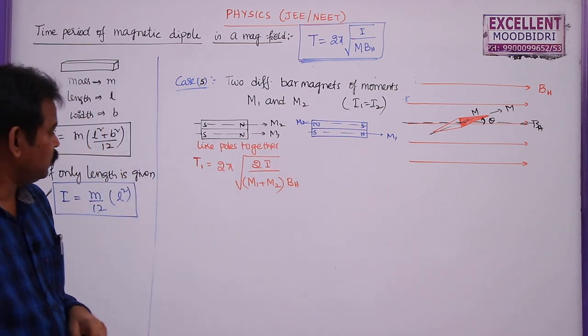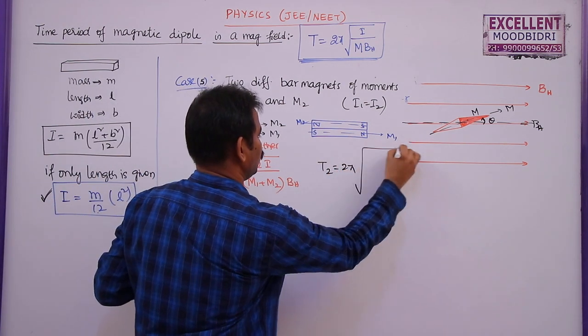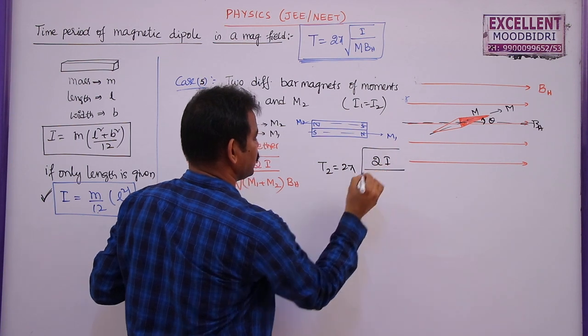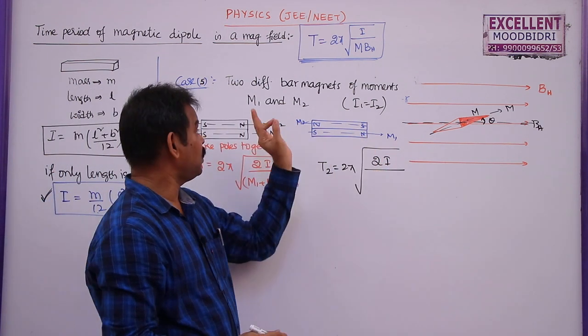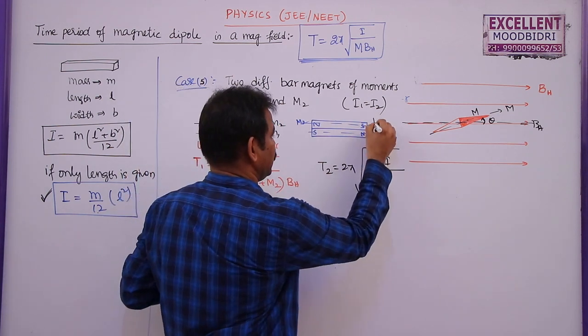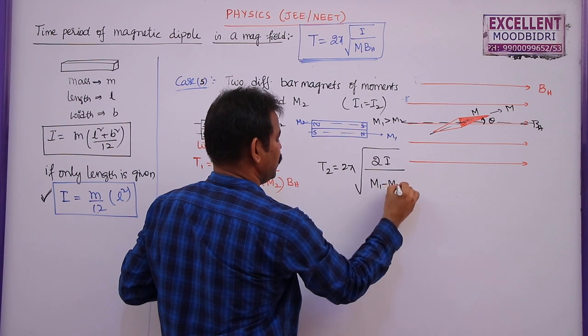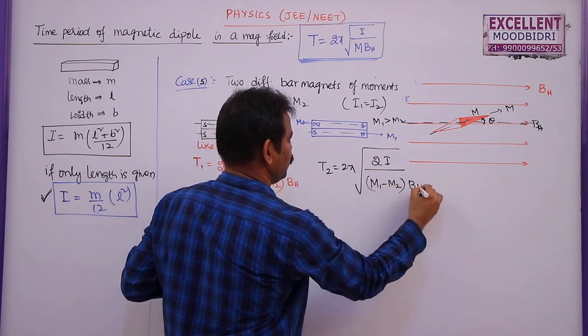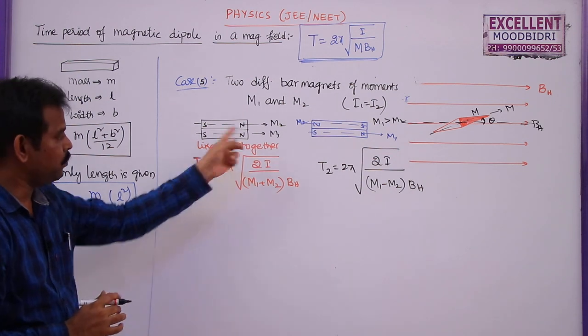But what is T2 here? T2 is given by 2 pi root, moment of inertia remains as it is. Why? Because it is a scalar quantity. But these two are opposite. I am telling these are not identical. So let us say m1 is greater than m2, the net magnetic moment will become m1 minus m2 into BH. So what is the ratio of the time periods of these two combinations?